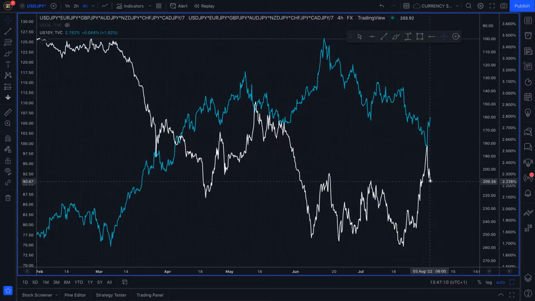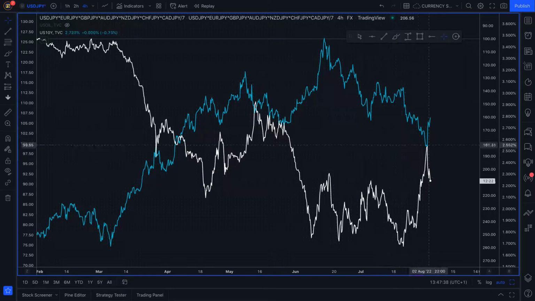If you see the yield chart starting to drop lower, you expect the yen to strengthen. Rising yields, falling yen.